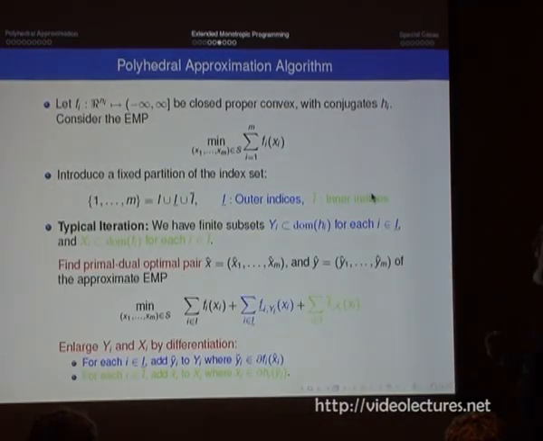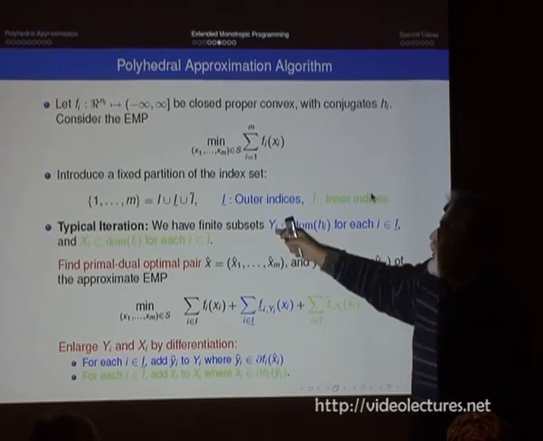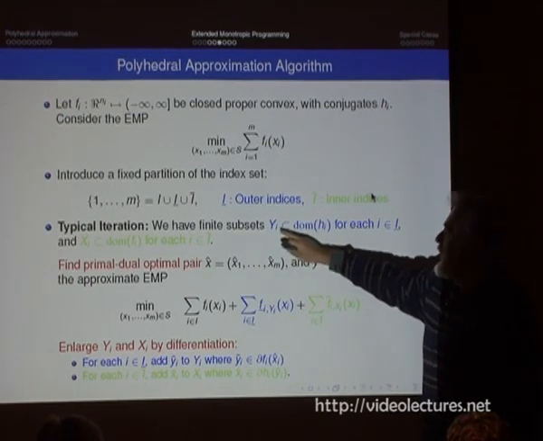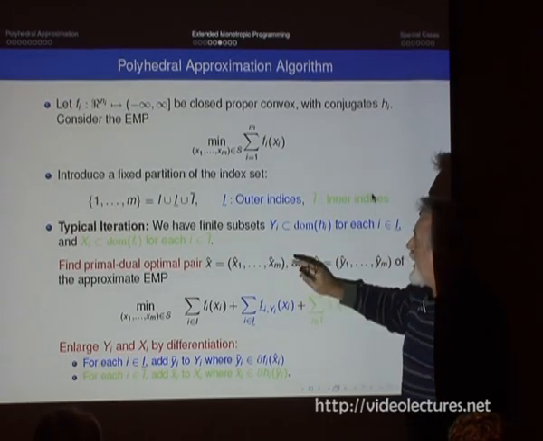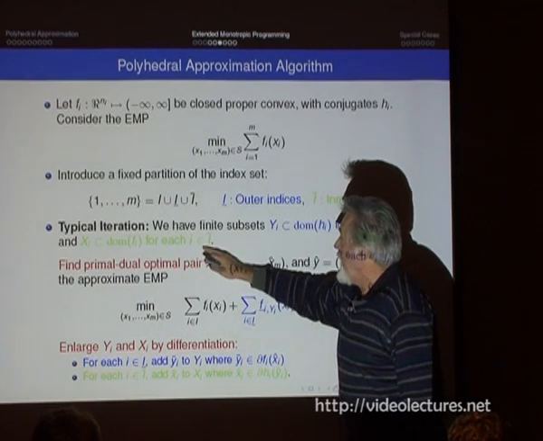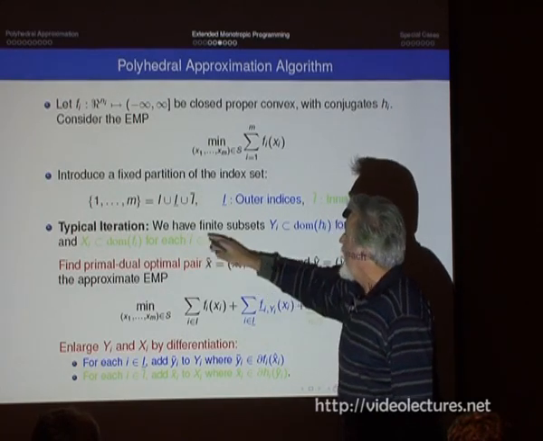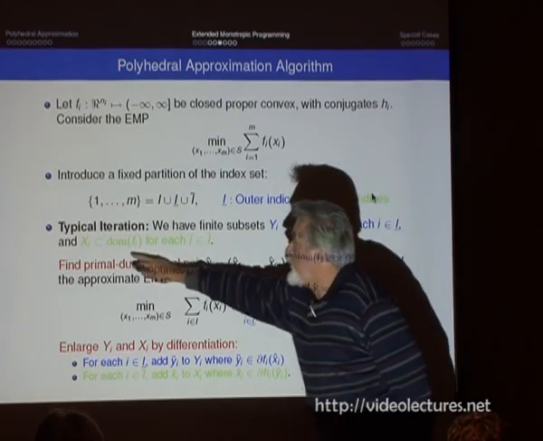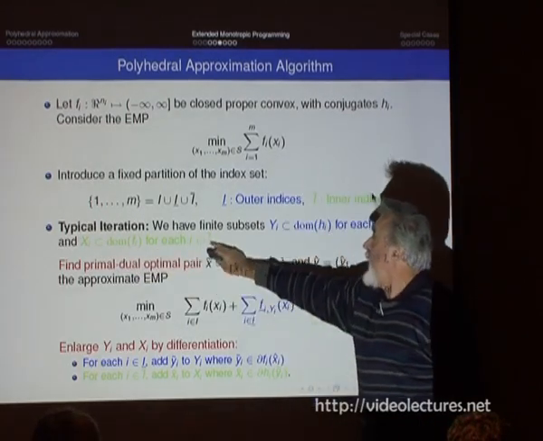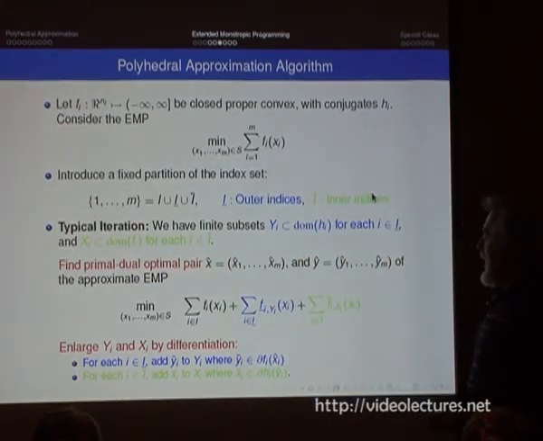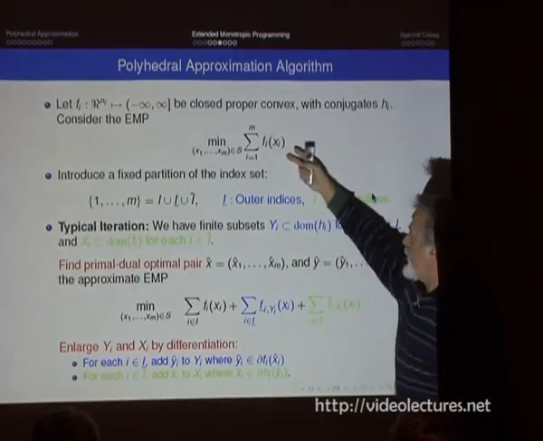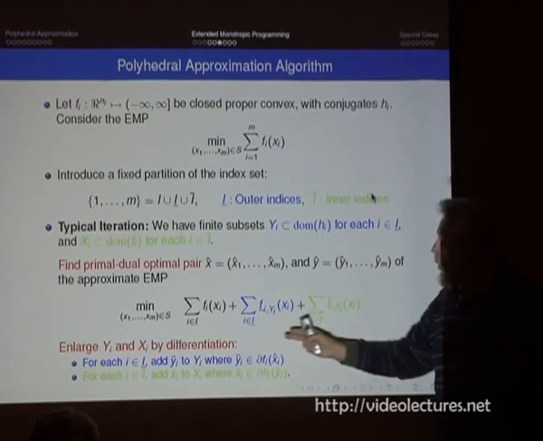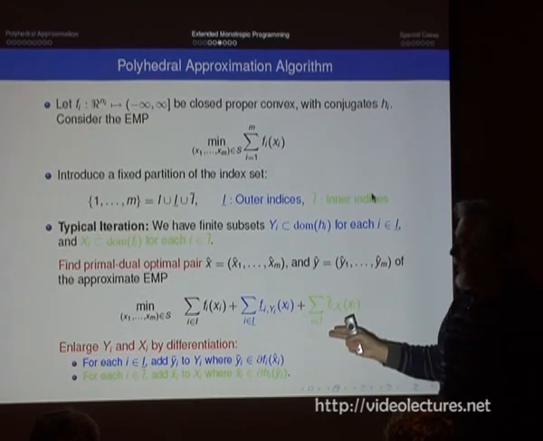So at the typical iteration, we have a blue outer linearization that is a finite set of y's, and an inner linearization, a green linearization, defined by corresponding breakpoint sets for each index in this index set. And now we consider the polyhedral approximation to this problem, defined by the blue approximations and the green approximations.